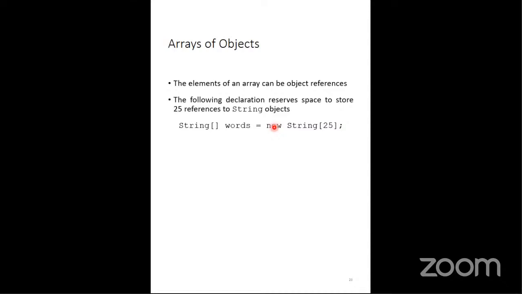So I will be writing words, which is my array, words[0] = new String, that will create the first string. words[1] = new String, that will create the second string, and so on. So this statement is creating an array of strings, not the strings themselves. That is very important to understand. It does not create the string objects themselves. As I said, it is only creating the array of strings and not the string objects themselves.